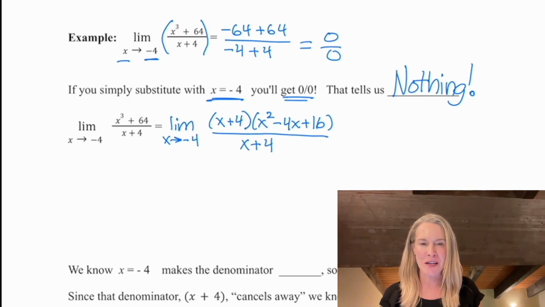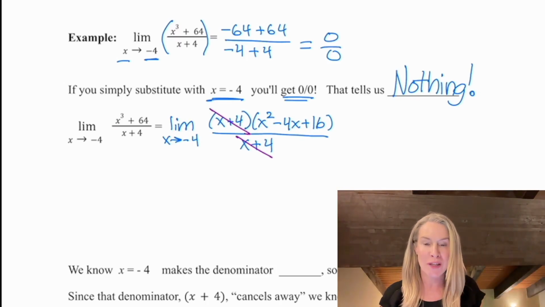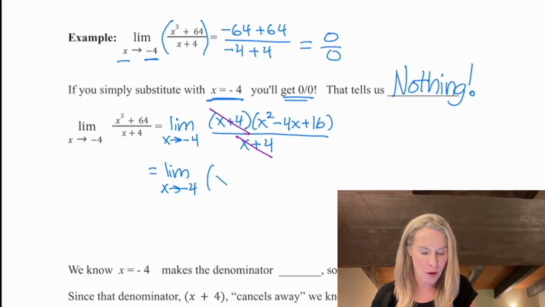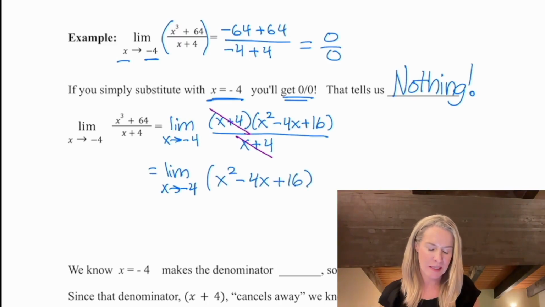So now you see we've got x plus 4 on the top and x plus 4 on the bottom, which of course equals 1. So we can reduce that away, and we're left with the limit as x approaches -4 of x squared minus 4x plus 16.